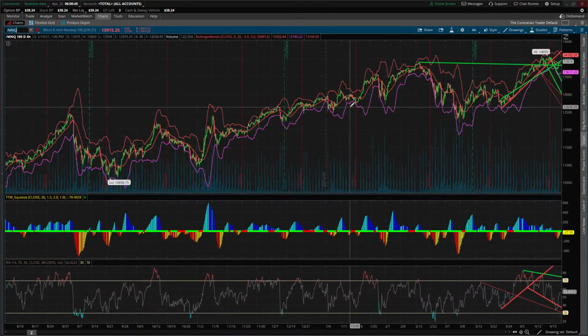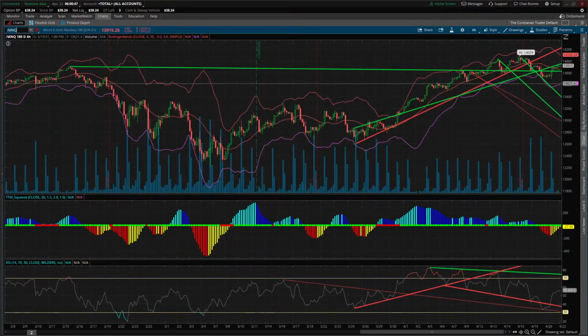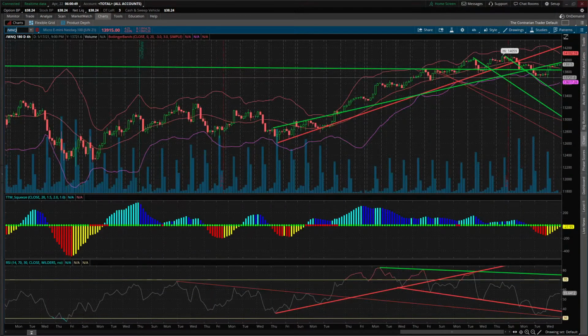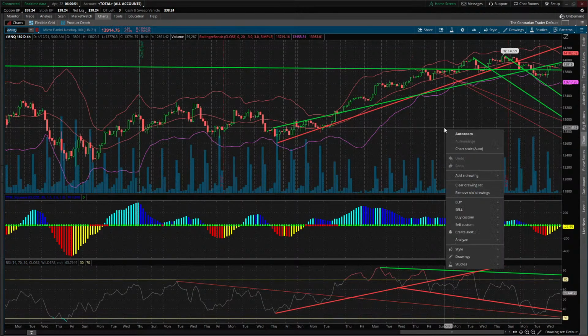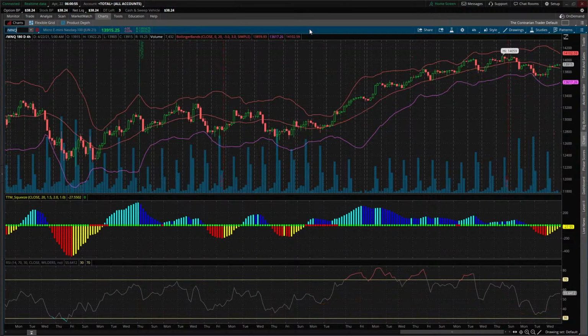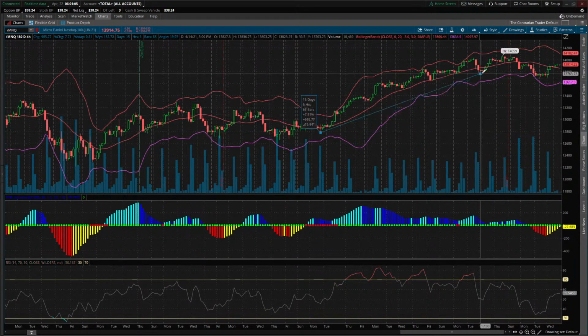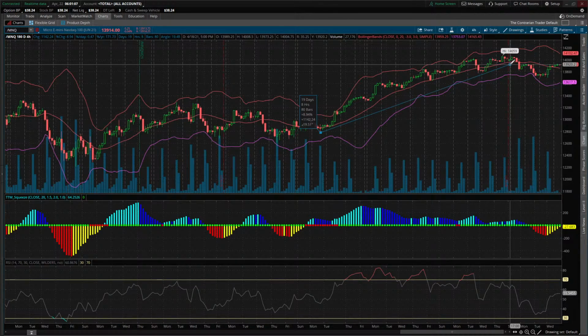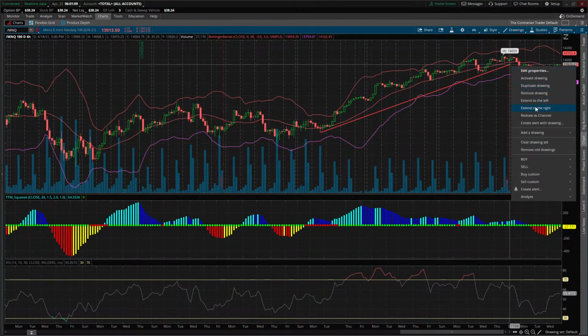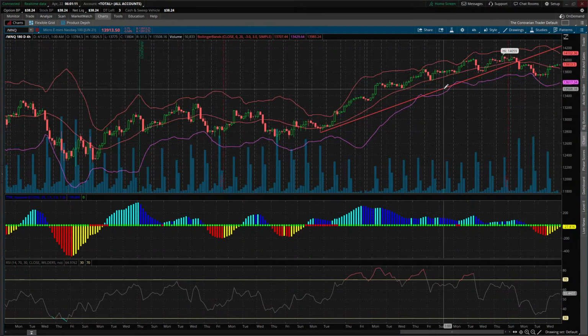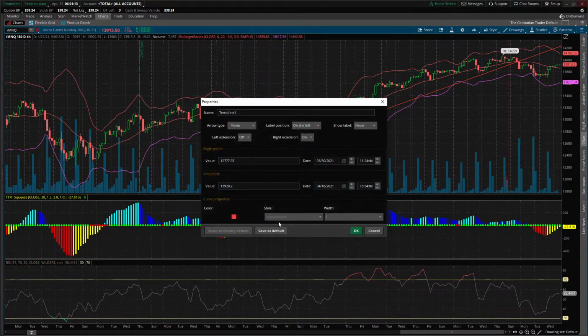The NASDAQ 100. Let's clean all this up. Okay, so here is our rising lower band of support, which has been broken.